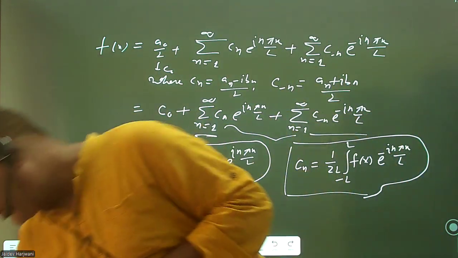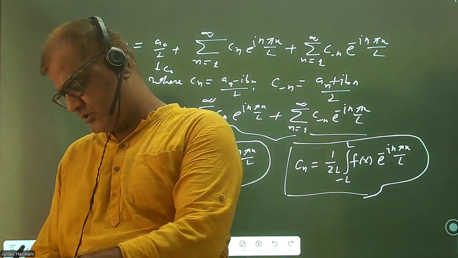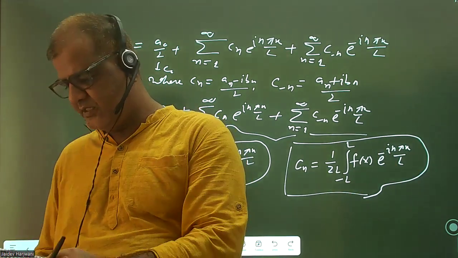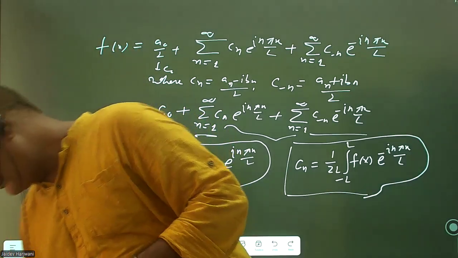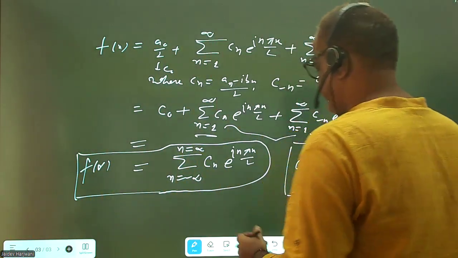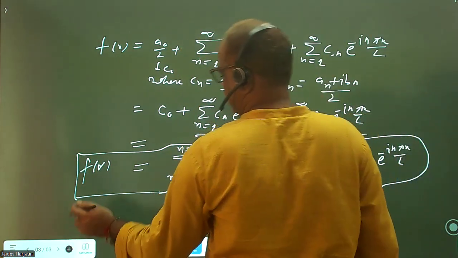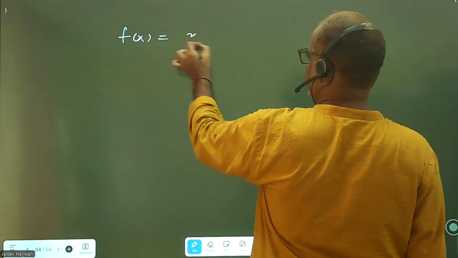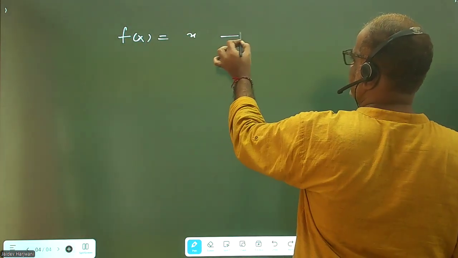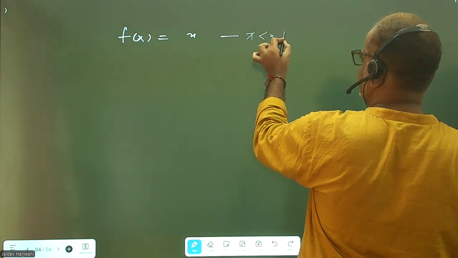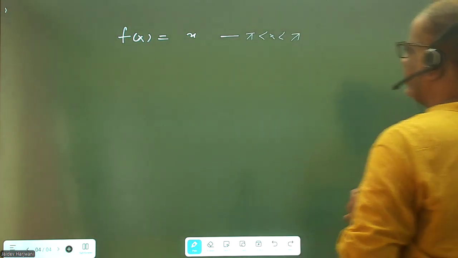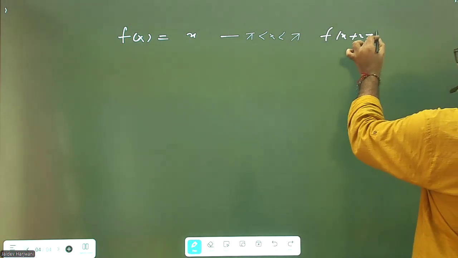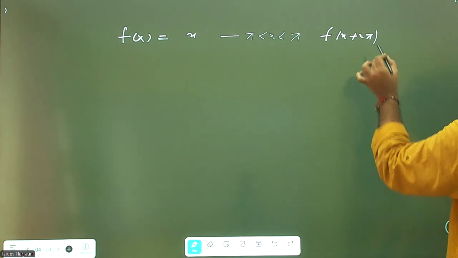Now let us do one problem solving the complex Fourier series. Say I have been given a function, say f(x) equal to x, and this interval is given, and this function is periodic, a periodic extension of the function f(x).